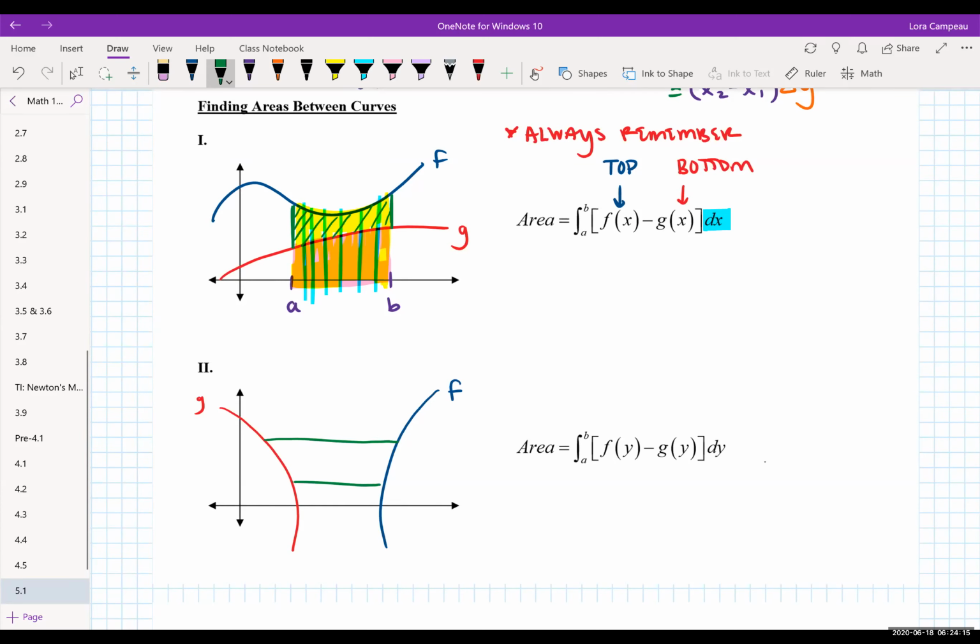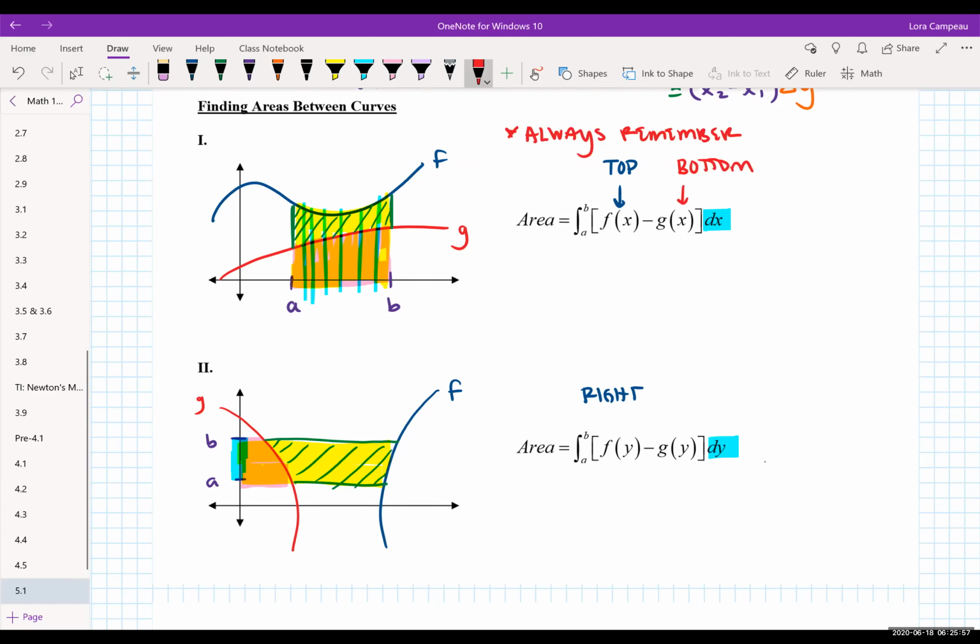And so we don't have to deal with absolute values, it's always the bigger curve minus the smaller curve, or in this case, the curve on the right, subtract off the curve on the left. If you can remember this, you're always going to have the areas quite nicely, but it does matter how you're slicing the axis. That's going to depend on whether you want the function in terms of x or the function in terms of y.